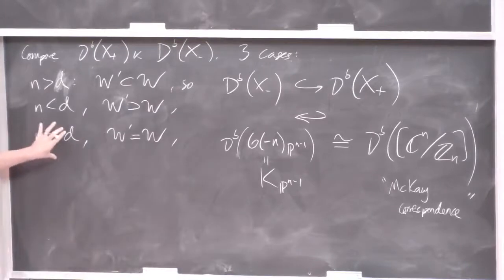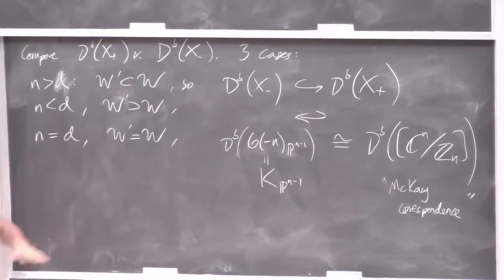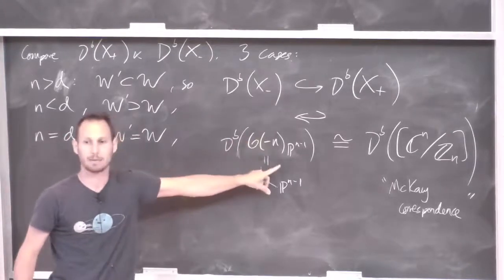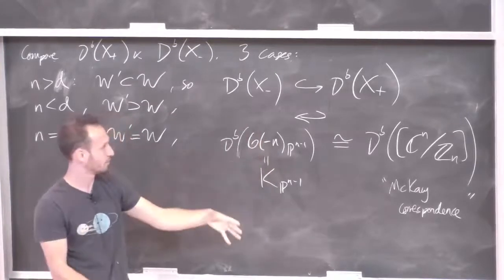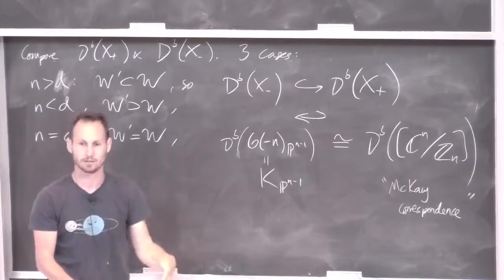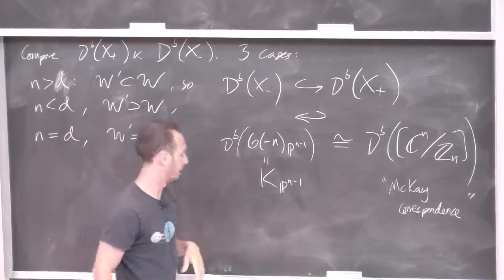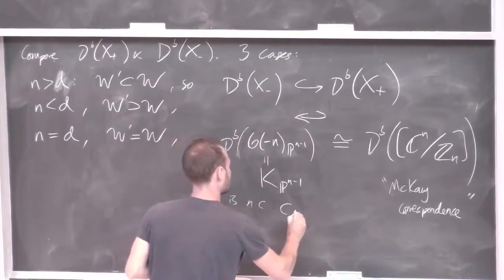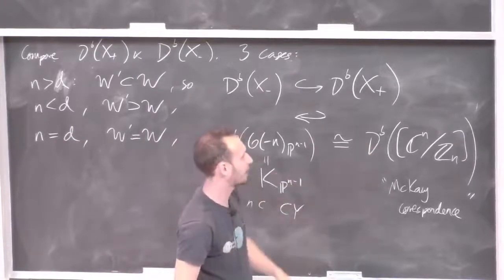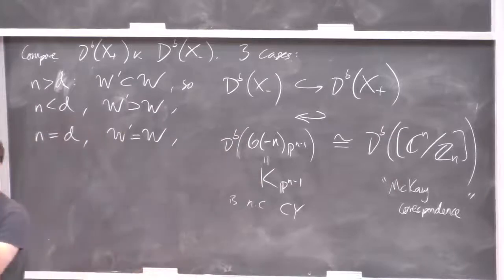And in particular here, this is the Calabi-Yau case, right? This guy is a non-compact Calabi-Yau. You've stuck exactly the right line bundle on to cancel the canonical bundle of projective space. So this is a non-compact Calabi-Yau. And this thing, I claim, is a Calabi-Yau orbifold. So the way you think about the canonical bundle of an orbifold is to take the canonical bundle and think of it as an equivariant line bundle.